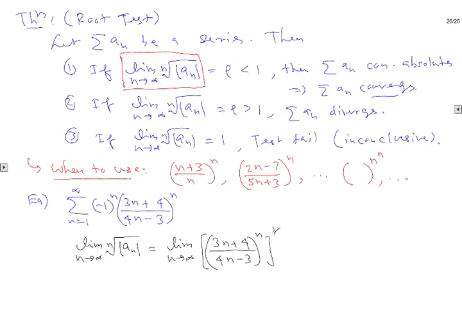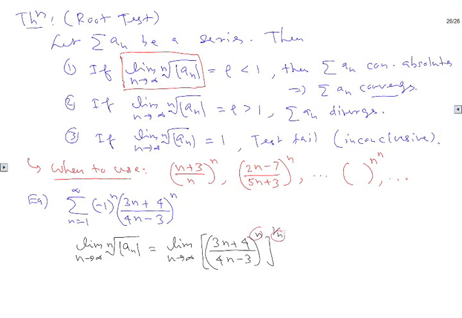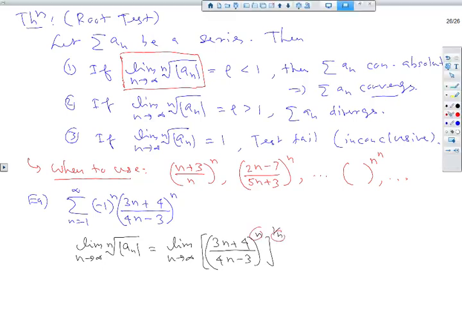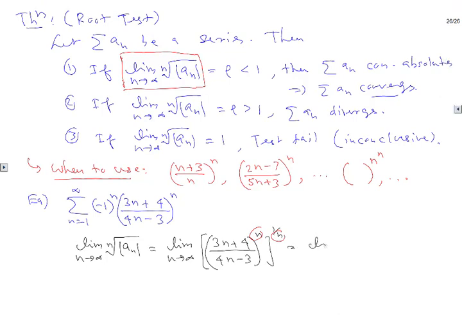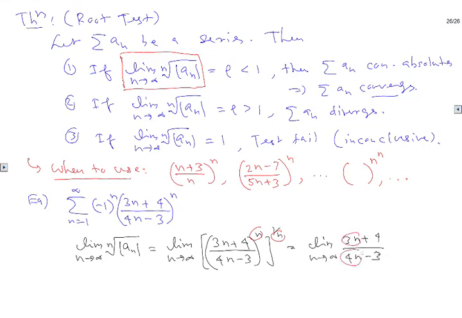Nth root means 1 over n power, right? So what's going to happen, you can see these two get cancelled, so you simply end up getting the limit as n goes to infinity of 3n plus 4 over 4n minus 3, and when you look at the dominating terms, you can see the limit is simply 3/4, which is less than 1.